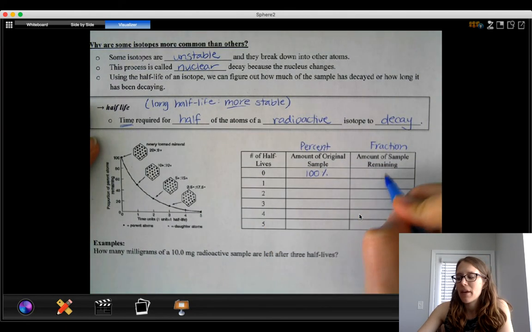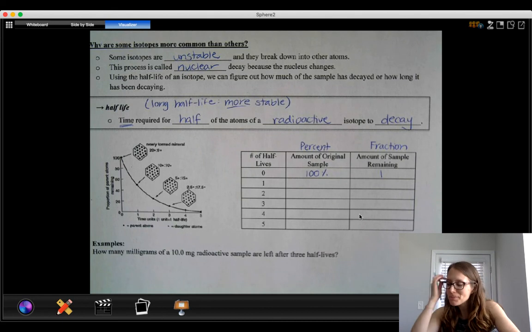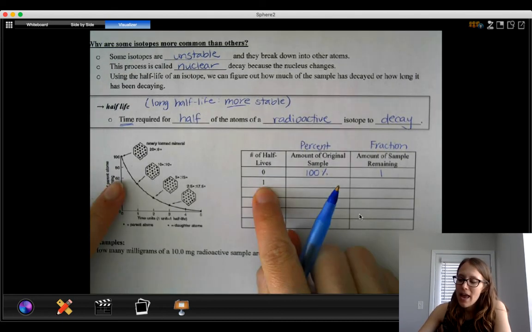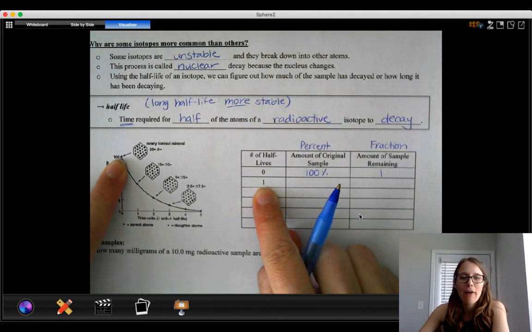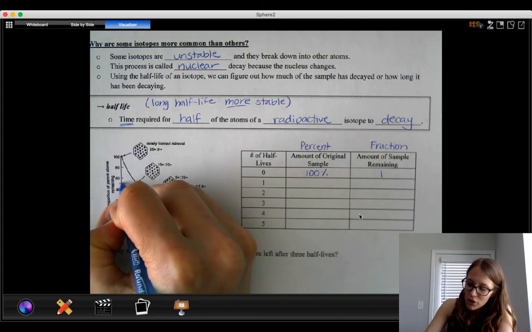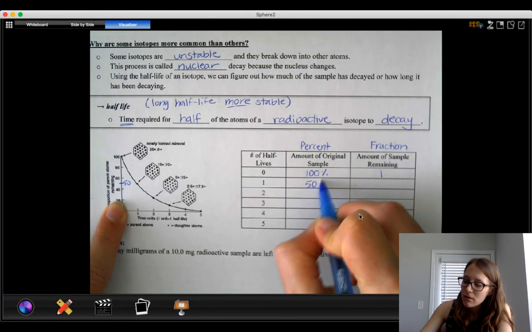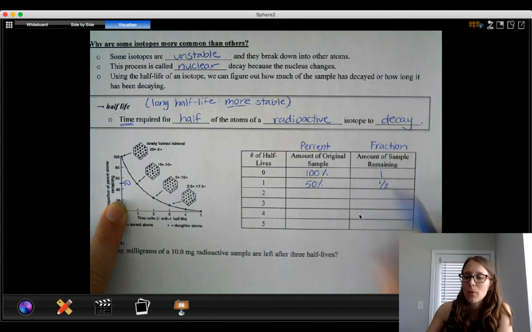And in terms of that being a fraction, the entire sample, we would say that's 1, right? 1 whole pie or whatever. If we wait 1 half-life, so after 1 half-life, instead of having 100 radioactive atoms, we would now have half of that, which is 50. And so that's 50%, or half of the sample.